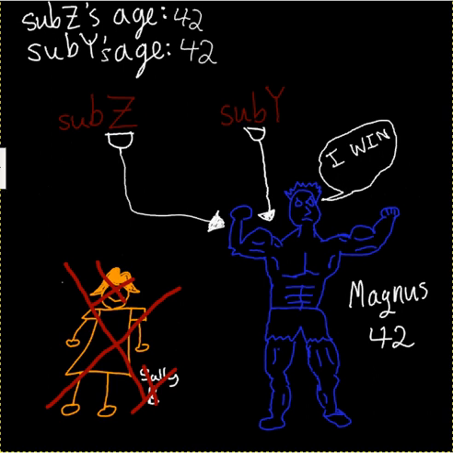But to really sum it up, you need to understand the difference between an object reference, which is sub z or sub y or whatever you want to name it, and an actual object, which is a Magnus or a Sally, that's on the computer's memory but doesn't have a variable name to it.